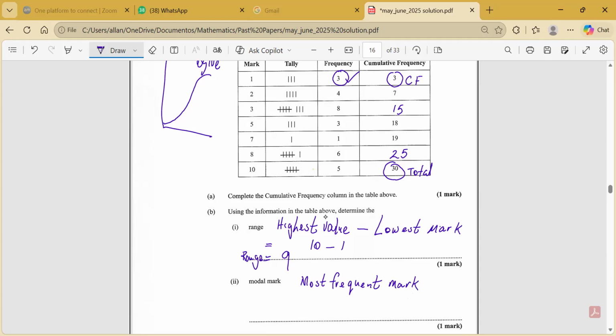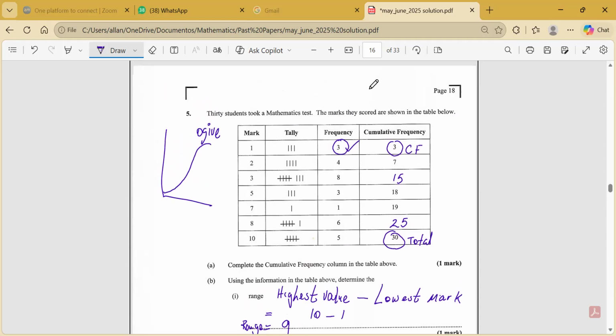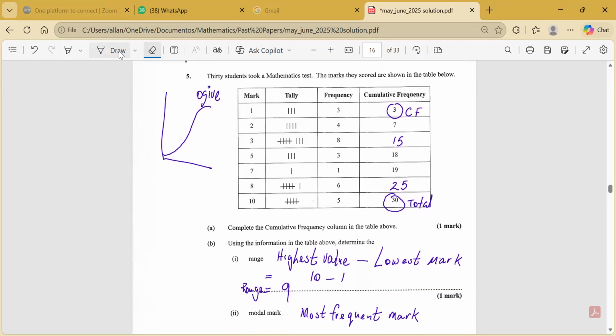The most frequent mark. So look in your frequency. What you have to do is look at your frequency and see which one is the highest, which one is the most frequent. What number is the most frequent?